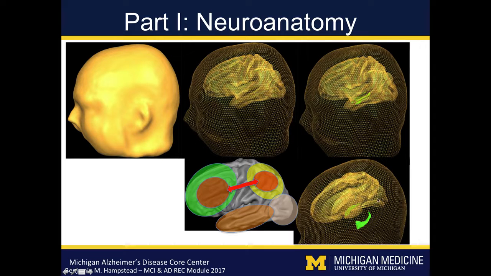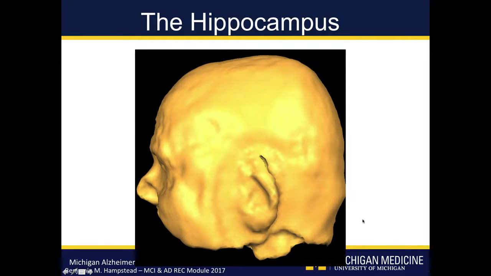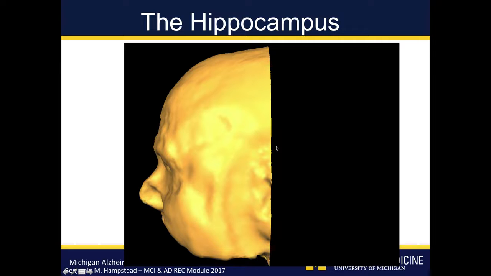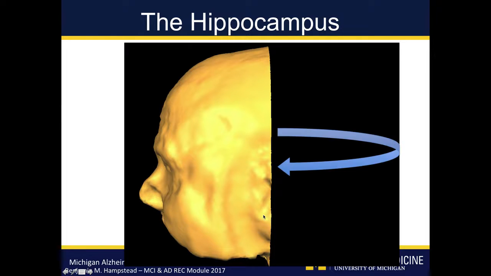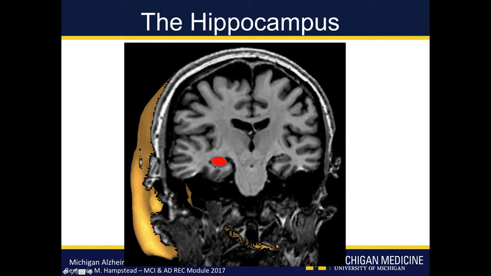In the bottom figure, I've removed the left hemisphere, so you can see the right hippocampus, as well as the left hippocampus. This structure is not terribly large, and if we take a bigger look at it, if we chop the head at about the level of the ear and rotate the head toward you, here's a two-dimensional slice of the hippocampus.